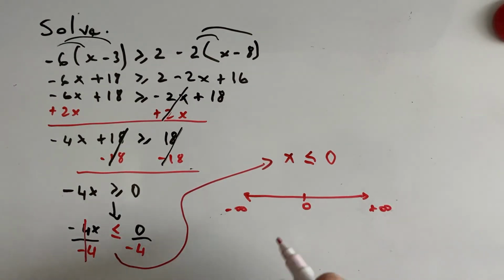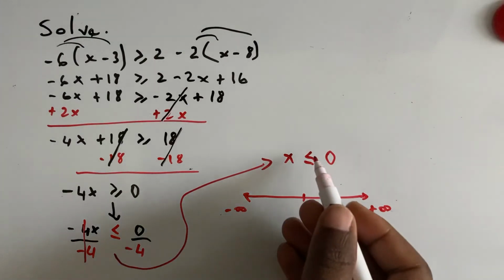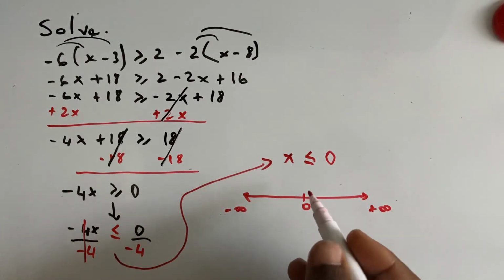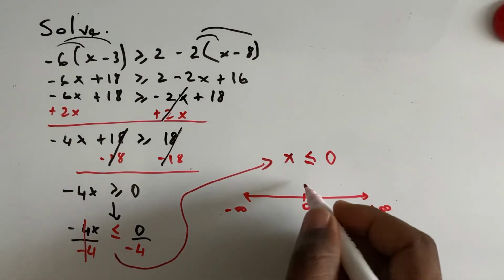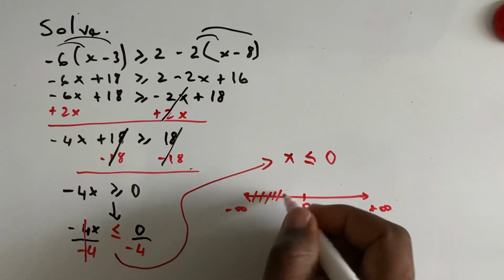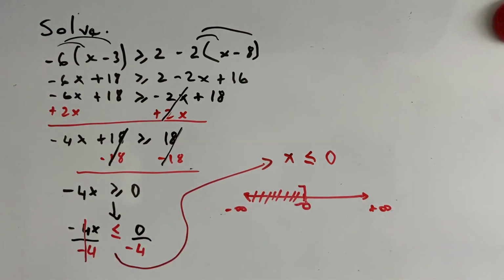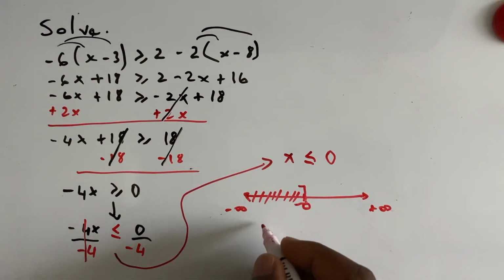So what do you have to use when you have less than or equal? If it's equal, so less than or equal in this case, you have to use bracket, okay? Remember, less than, it's on the left, and you gotta use bracket here, okay? Bracket.